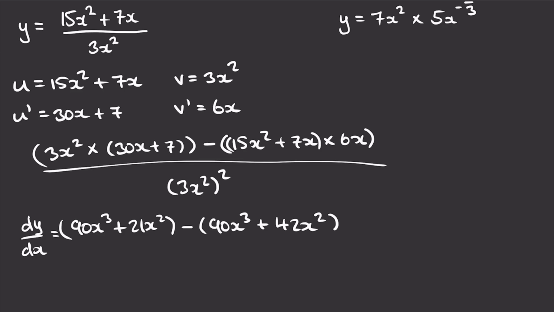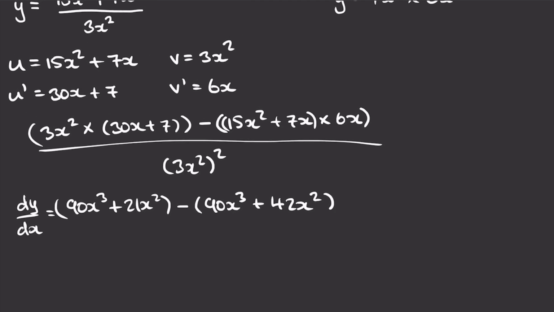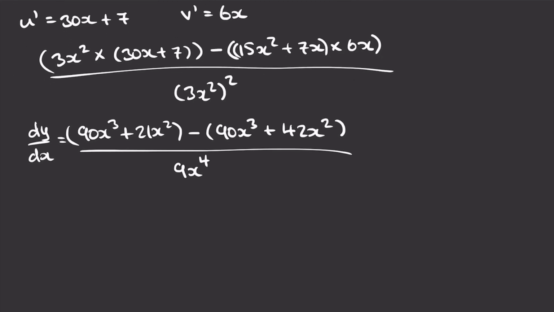Should be correct. And then we have all over, 3x squared, all squared, which is just 9x to the power of 4.